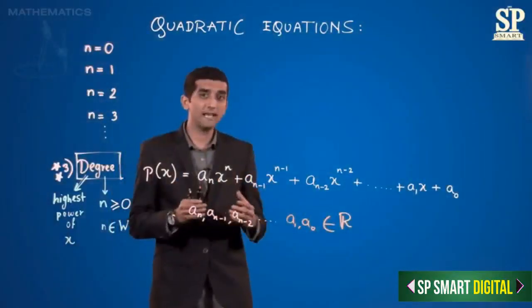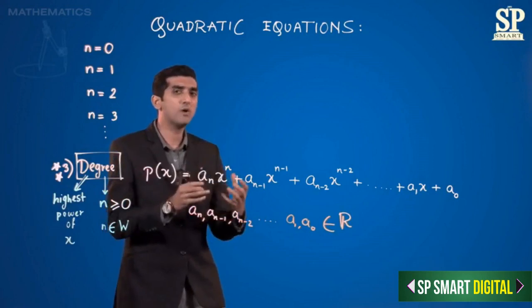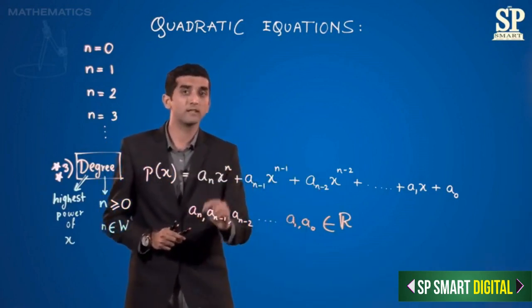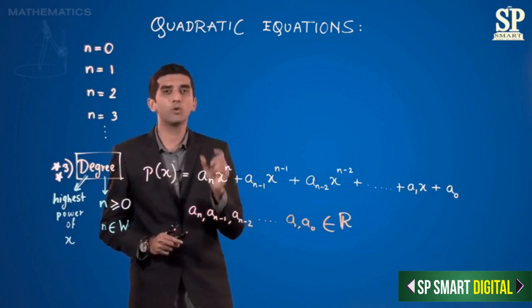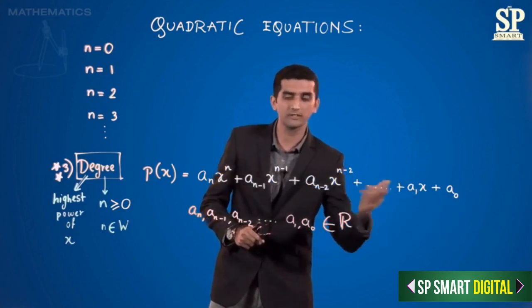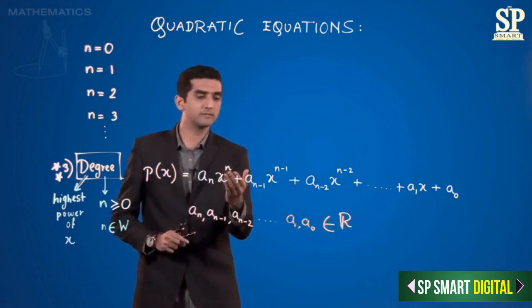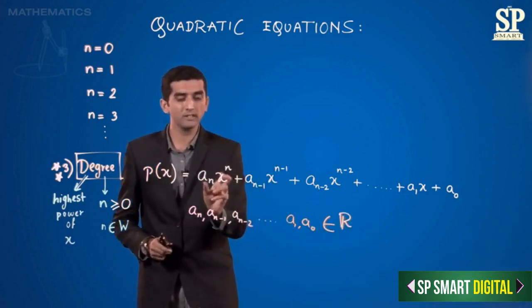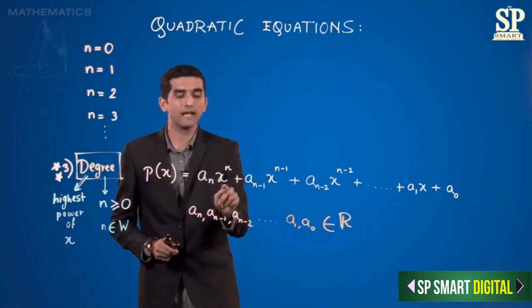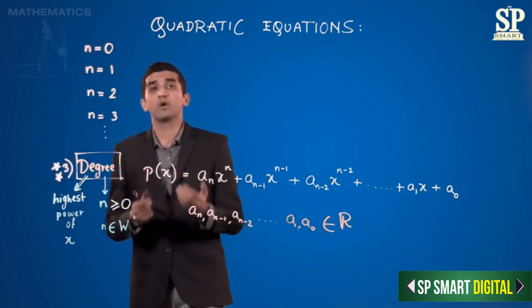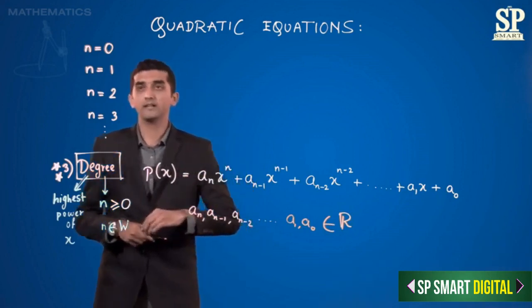So when n is equal to 0, how does this polynomial look? When n is 0, there is naturally going to be only one term, and that term is this constant term. Try and understand, if n becomes 0, all these other terms are not there at all. There is only one term, which is a0 x raised to 0, which is indeed this term over here, and hence the polynomial is going to look like this.